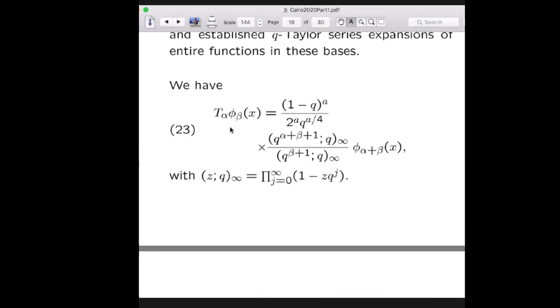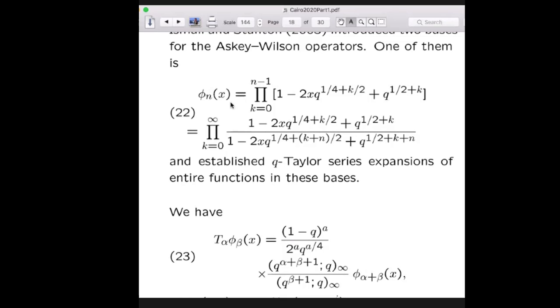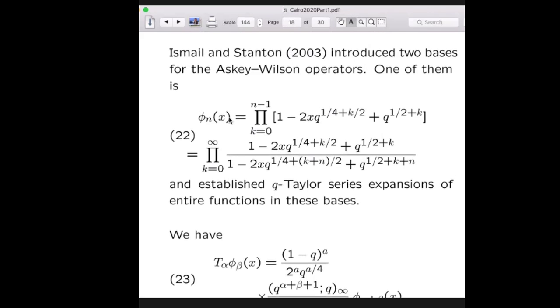So this is indeed the analog of the powers. Askey and Wilson introduced a different basis, but that basis has a parameter, and when you act with the Askey-Wilson operator, you change the parameter. This one doesn't have any parameters, so when you act, nothing changes. That's the advantage of this.